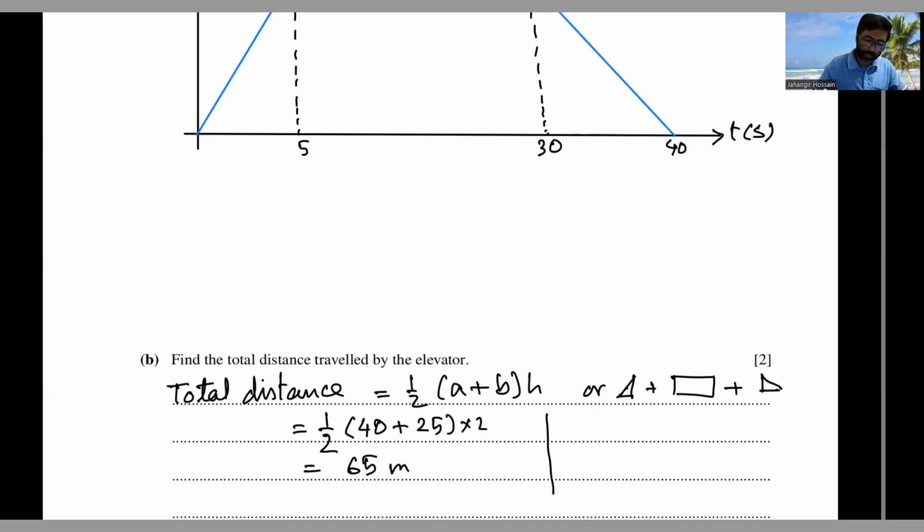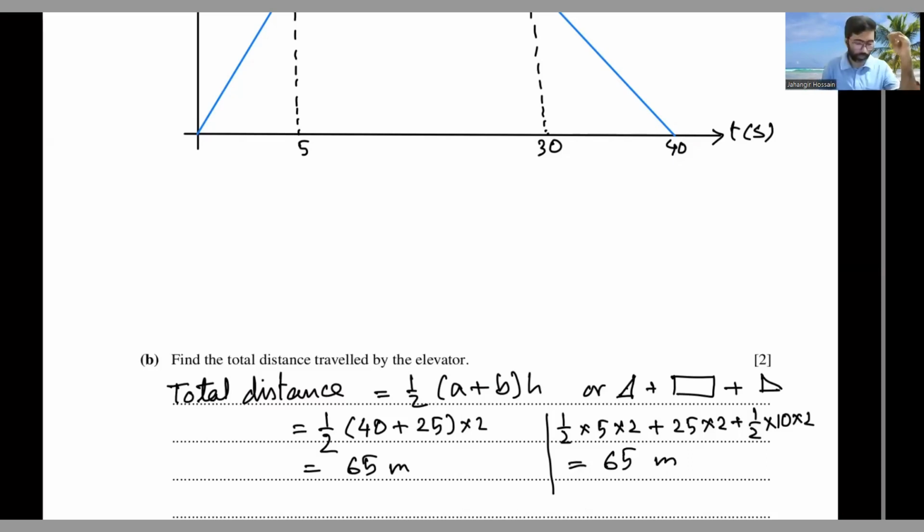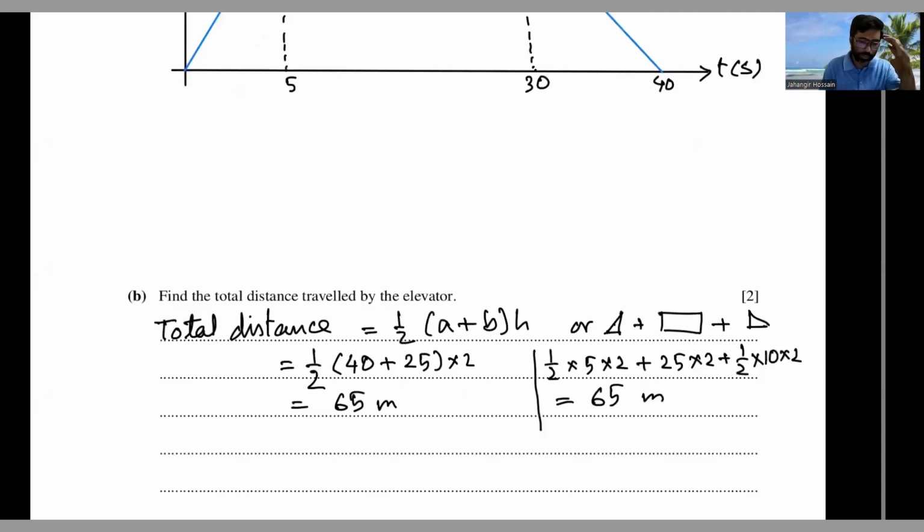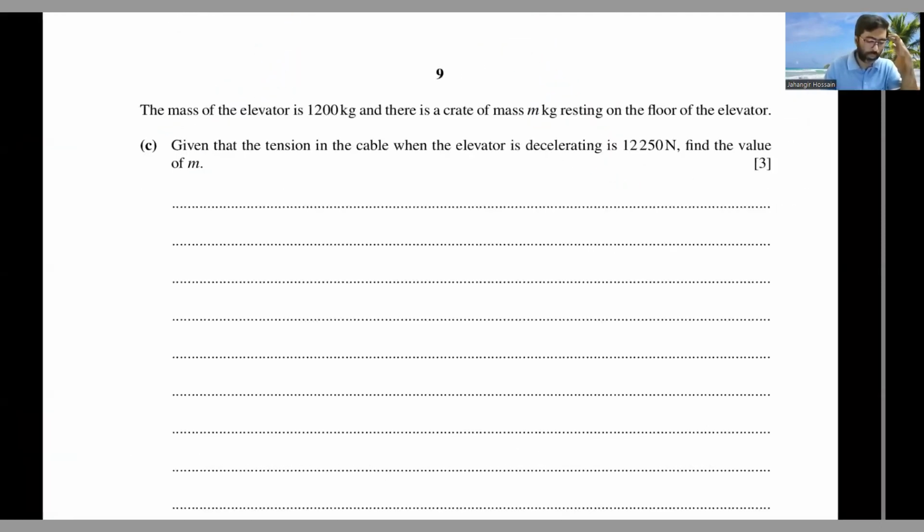If you use triangle, rectangle plus triangle, this is half times 5 times 2 plus 25 into 2 plus half into 10 times 2. So that is 15 plus 50, that's 65 meters. Either way, the answer will be the same. Okay, that's part B. Now, let's move on to the last part.